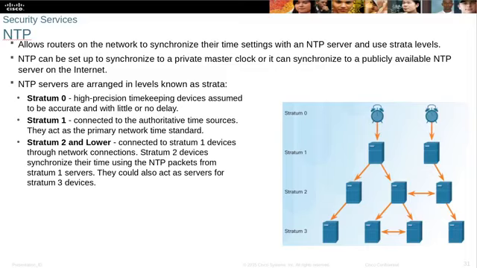So stratum 1 is connected to the authoritative time source, and these act as primary network time standards. It's perfectly acceptable to synchronize to a stratum 1 server. And stratum 2 or lower, these are just connected to the stratum 1 devices through network connections, and then they will synchronize their time using NTP packets from the stratum 1 servers.